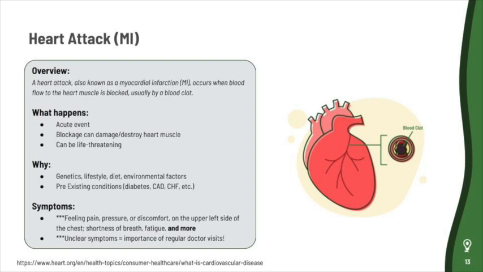The pathophysiology of a heart attack involves a complex interplay of factors, which include genetics, lifestyle, environment, and diet, just like coronary artery disease. Dietary factors, again, play a crucial role in prevention and management of heart attacks.